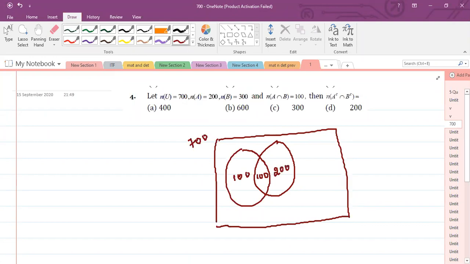Even you can solve this using the formula also, no problem. So 200 plus 100, 300, 400. Therefore, 300 should be outside. That means n of A complement intersection B complement is n of A union B whole complement. Therefore, it is 300, option C.